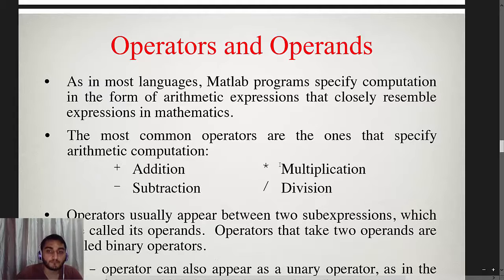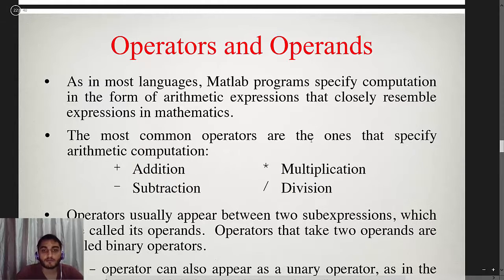This is the mathematical way, but if you run MATLAB, it will first consider the parentheses. After that, it takes multiplication, division, addition, and subtraction.